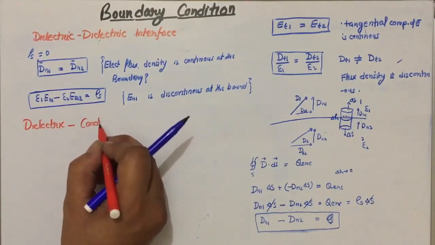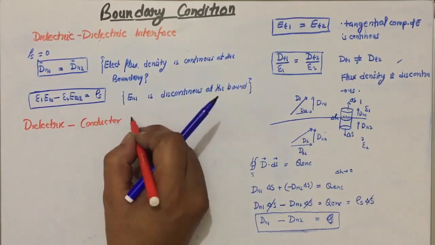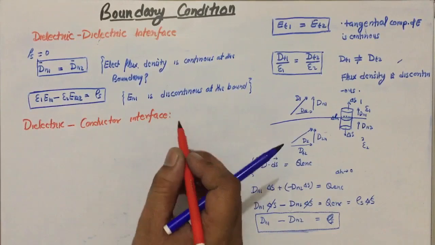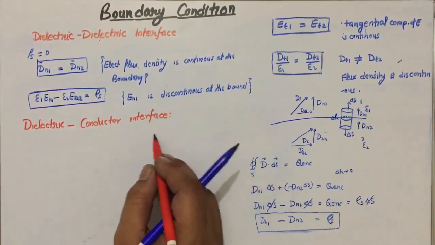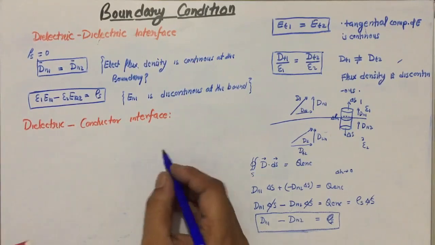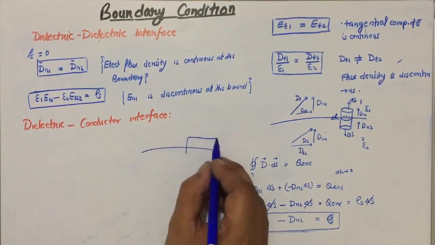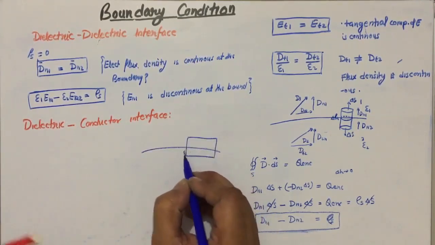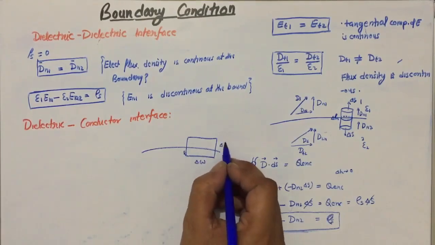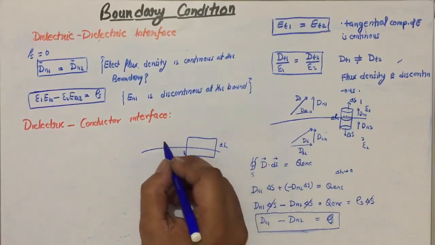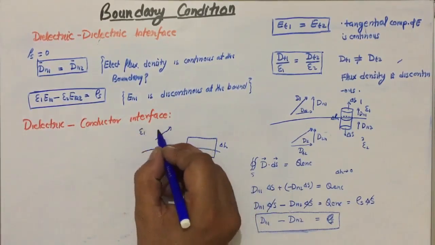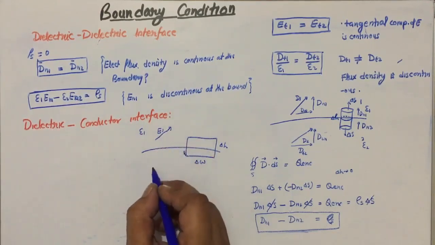For example, this is the boundary and this is our medium 1, epsilon 1, E1.